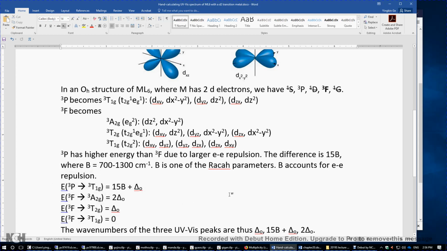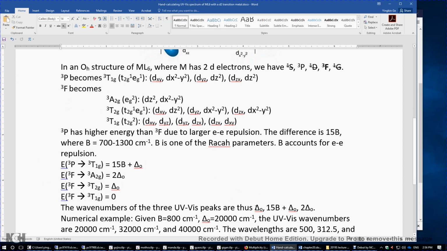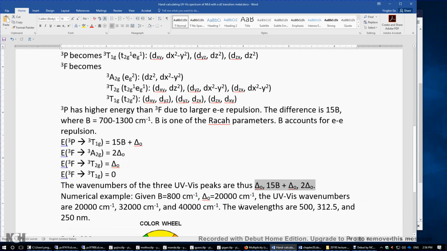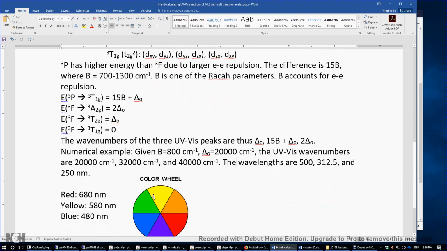And we were able to come up with the expressions of the wave numbers of the 3 electronic transitions and convert those wave numbers into the wavelengths. And we say if the transition metal complex absorbs the green light from the natural white light, and then this transition metal complex has a red color.